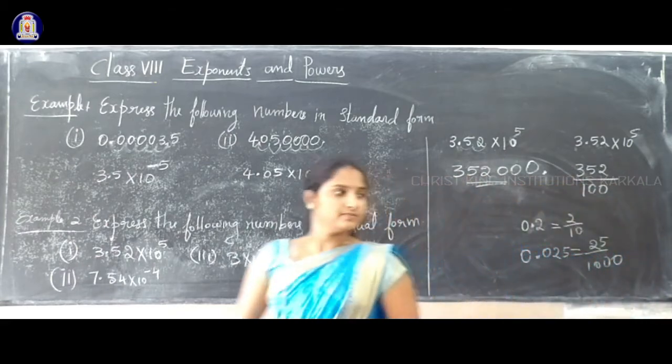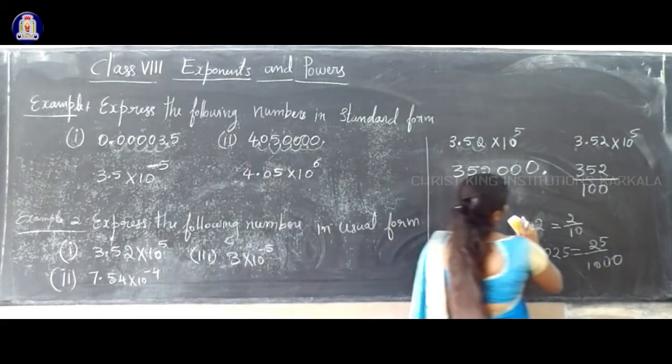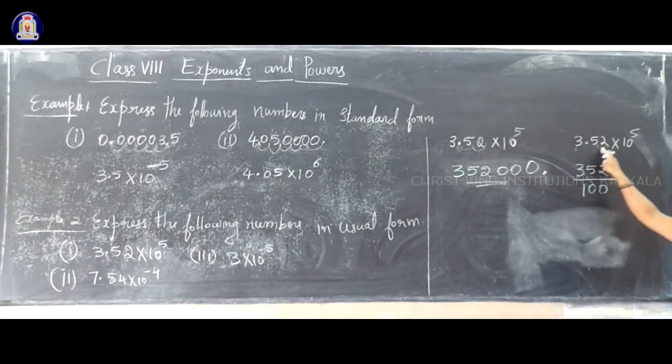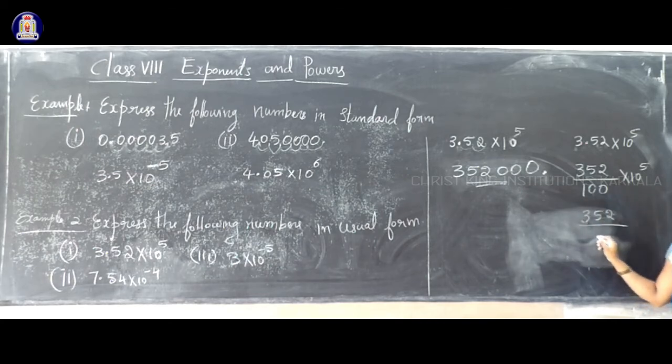Okay. Now, this is one more method. You can do any method, we'll get the same answer. 3.52 into 10 power 5 can be written as 352 by 100 into 10 power 5. So now how can we write 100? 100 is 10 power 2.